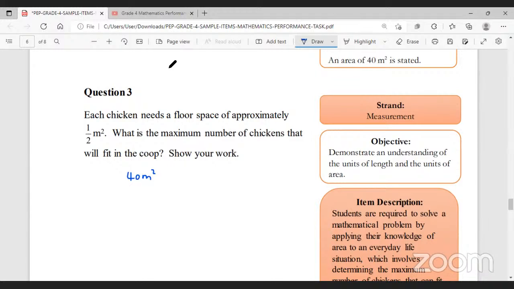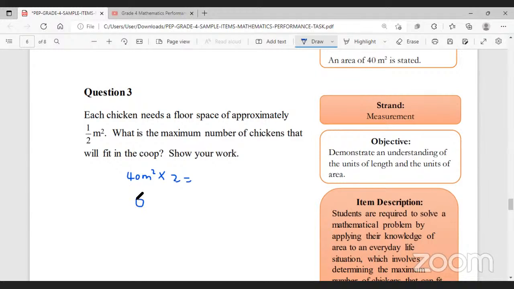The general concept of a performance test is to bring down what you've done from questions 1, 2, and use it to solve the subsequent questions. So we're using this 40 meters square that we got from question 2, and we can multiply it by 2, that will tell us the amount of chickens that can hold in the coop.